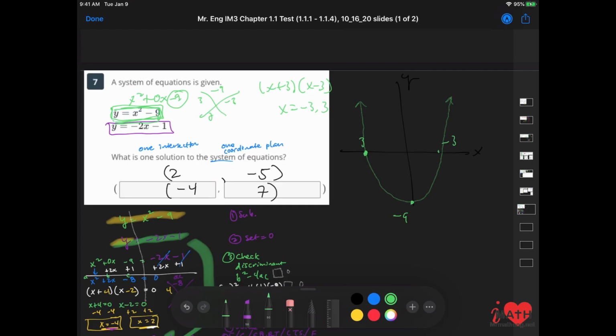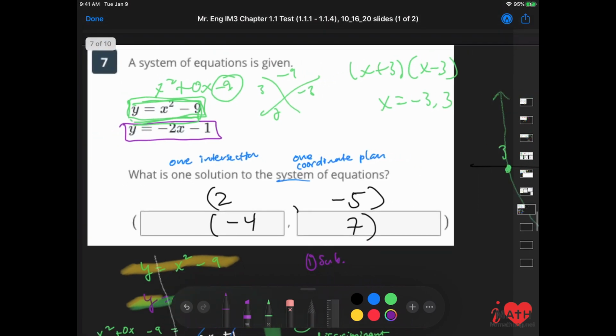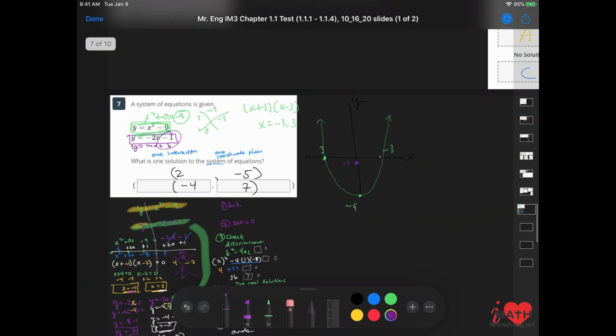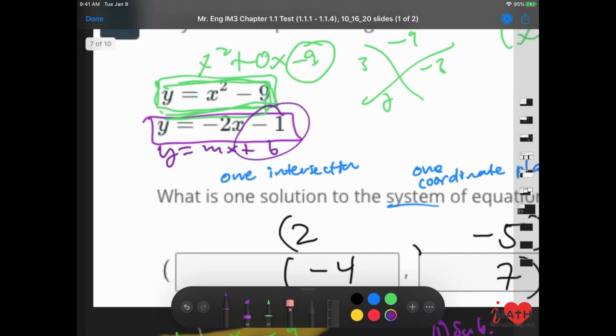And then in purple, this is in y equals mx plus b. So my b value is negative 1. And it has a slope of negative 2, which is negative 2 over 1. So that would be down 2, right 1.